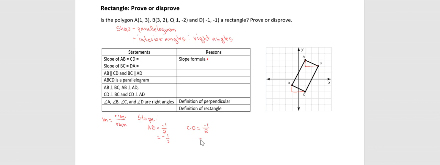So the slope of line segment CD is -1/2. So you can see that the slope of line segment AB and line segment CD are both equal to -1/2.